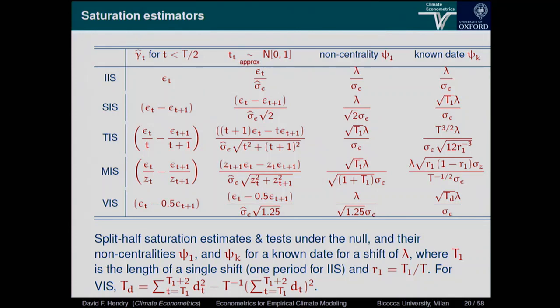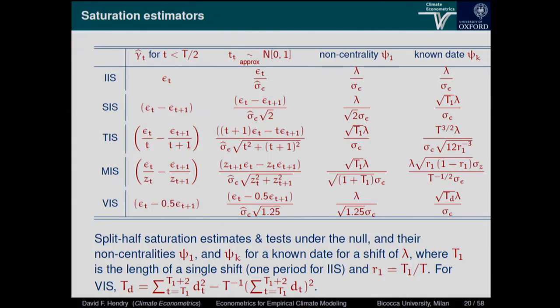Then, what would you estimate at observation T in the split half method? Well, for IIS, you exactly hit the residual, and it's a perfect fit. With SIS, you're going to get the residual minus the residual 1 period ahead. And it's 1 period ahead because the steps are stopping there at time t.